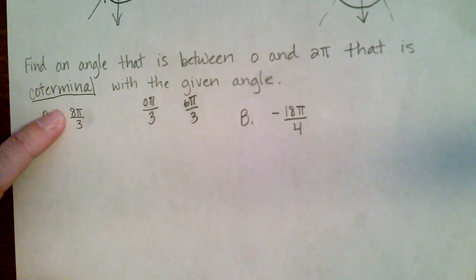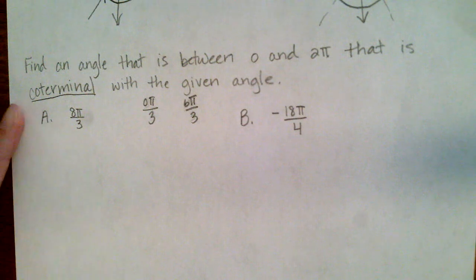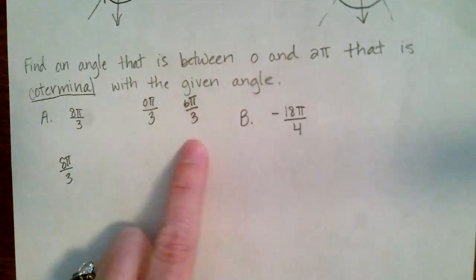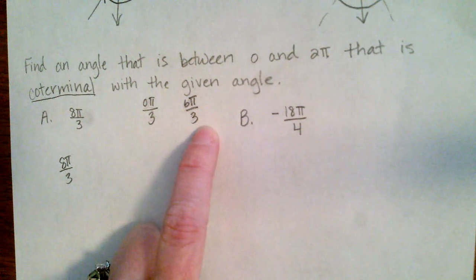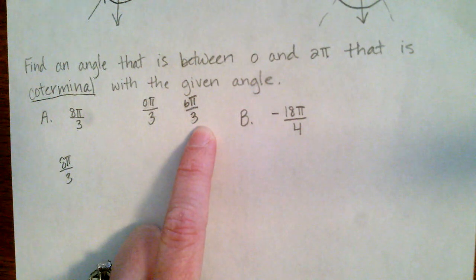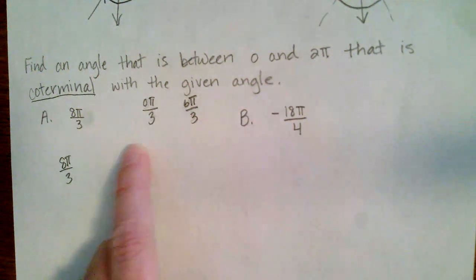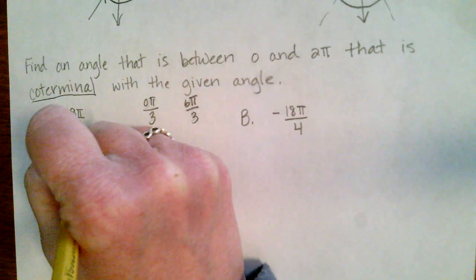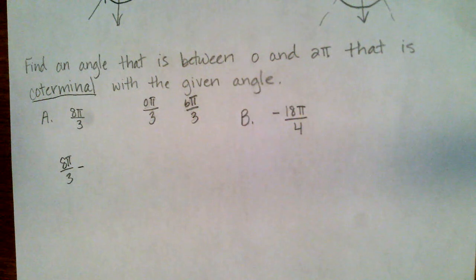So I am starting with 8 pi over 3. I can see that that is above my 2 pi. So that means to get to something that's between 0 and 2 pi, I need to first subtract 2 pi.